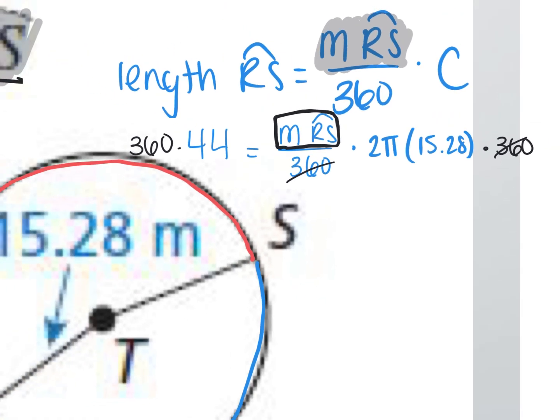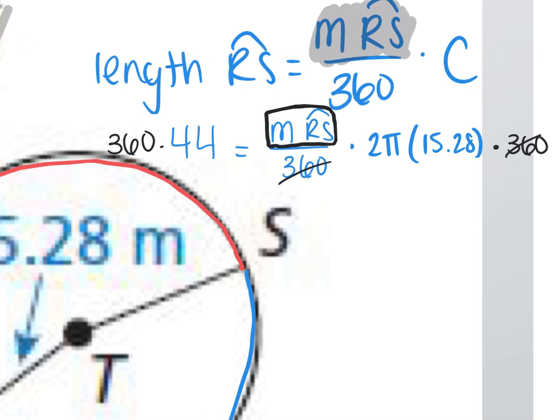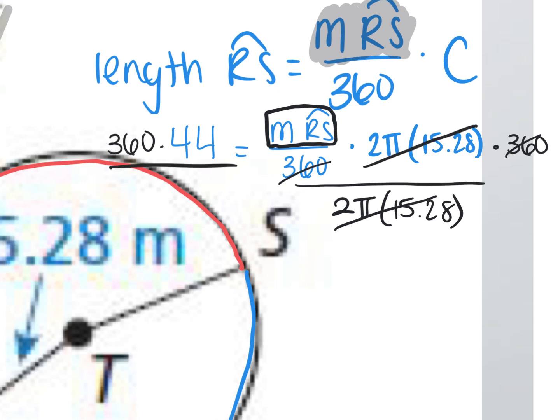What else do I need to do to isolate the measure of RS? Divide by what? 2 pi times 15.28. These go away. 2 pi times 15.28.